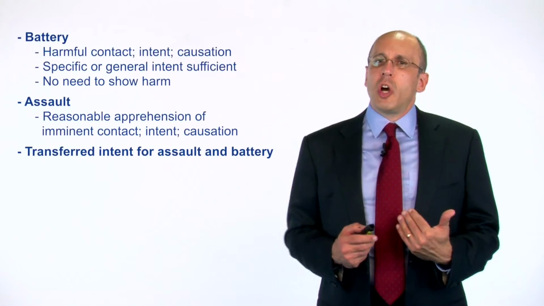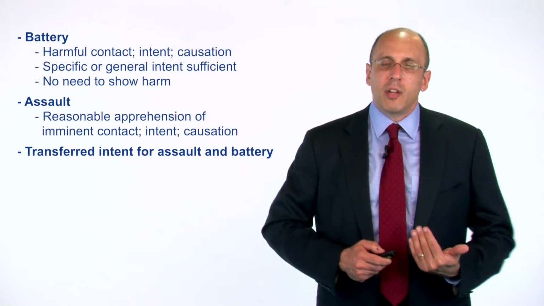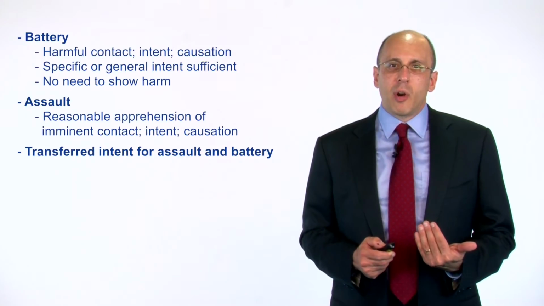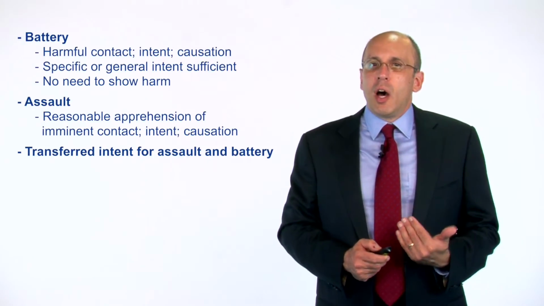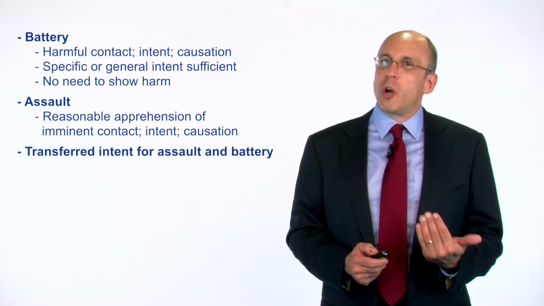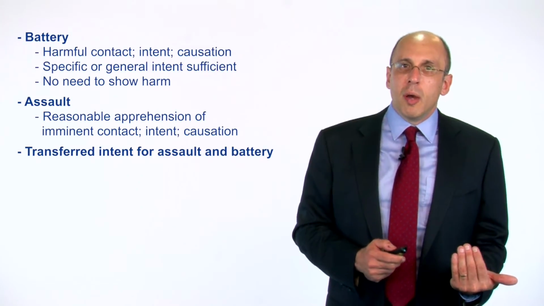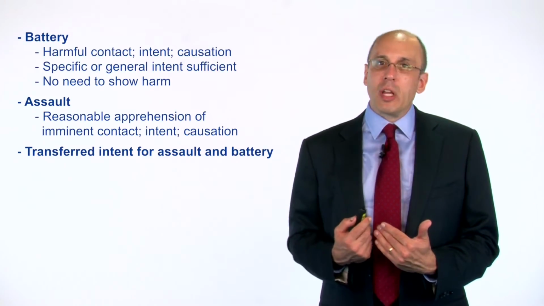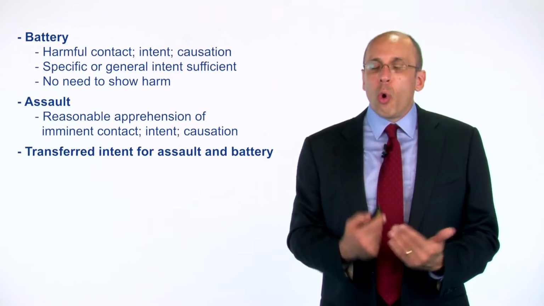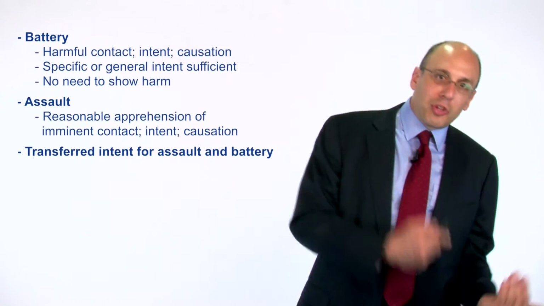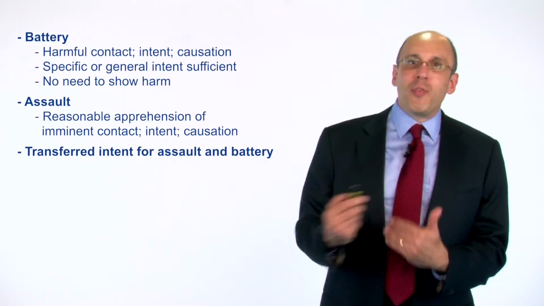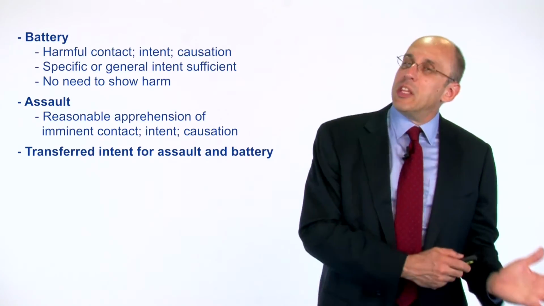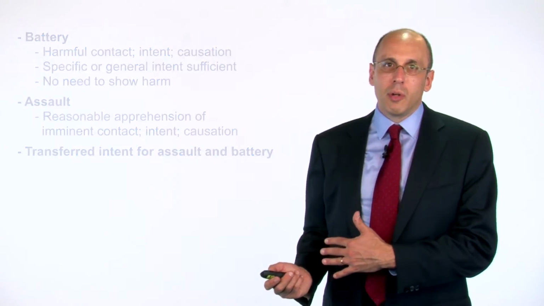There is also a notion of transferred intent in both assault and battery, and that only means if I intend to commit a tort against one person, but I actually commit a tort against a different person, or I commit a different tort against the same person, or I commit a different tort against a different person, the intent follows over.